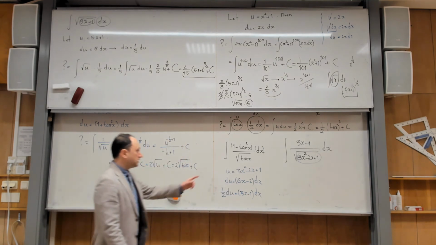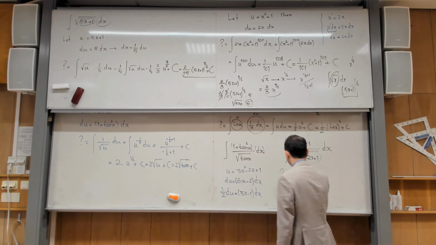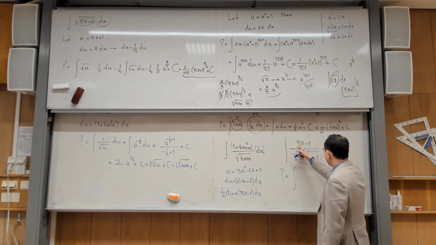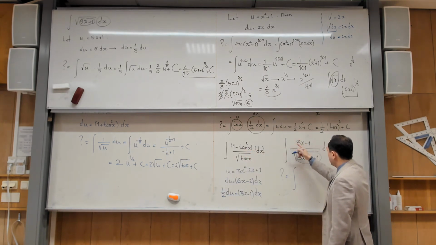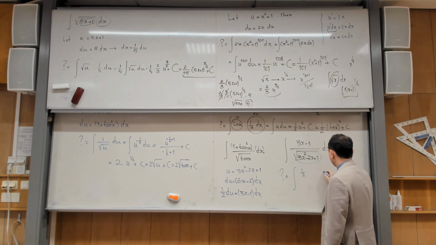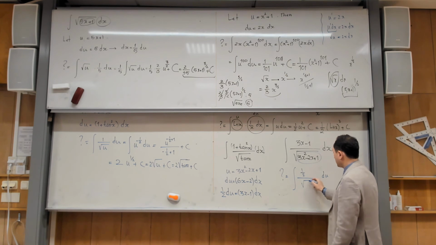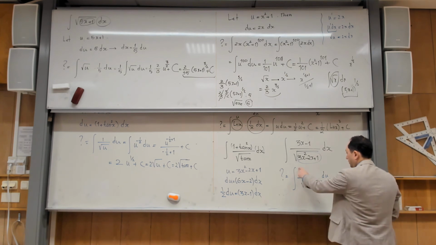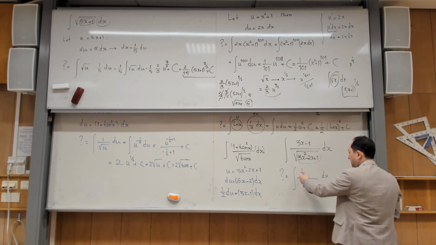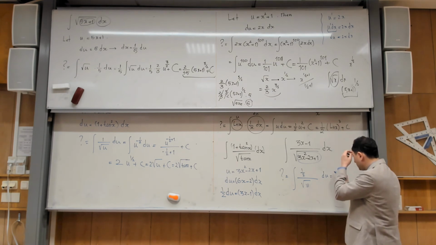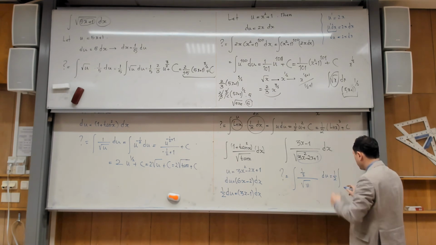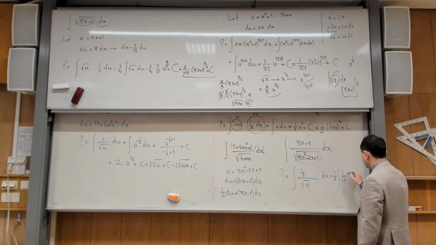So then it means that this question mark is equal to integral. Instead of this combination, I can write 1/2 du. And instead of this combination, I can write the square root of u. But this 1 over 2 is just a multiplicative constant, so I bring it out. Then I will have the integral of this one.